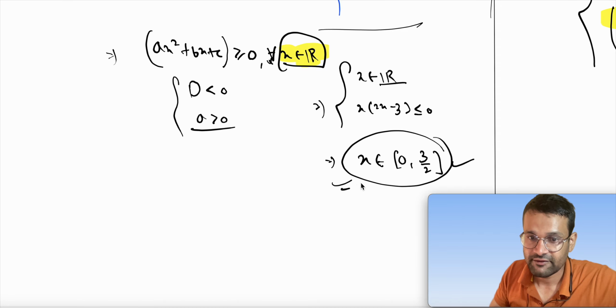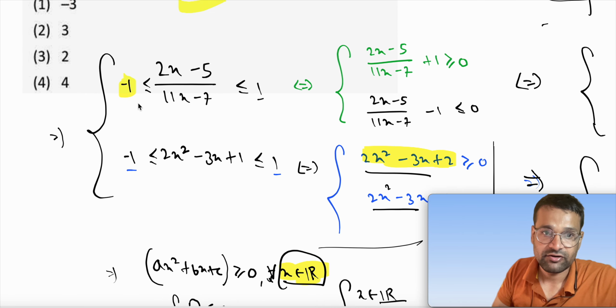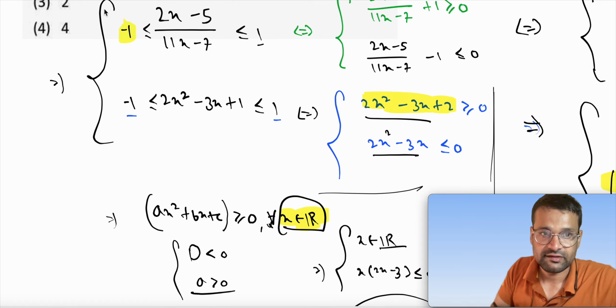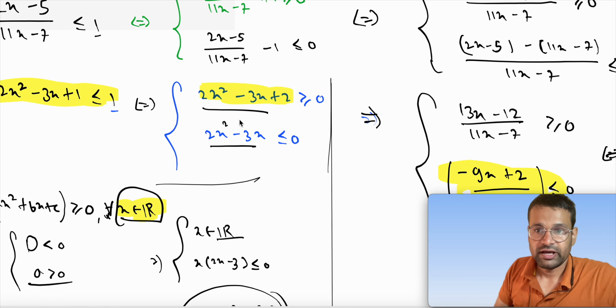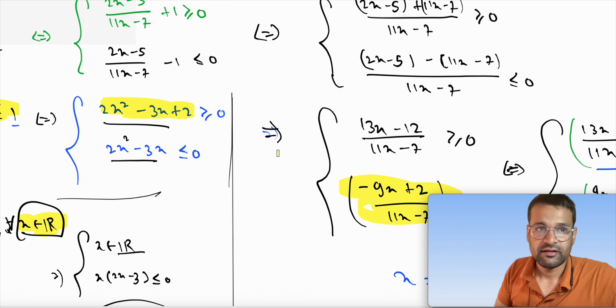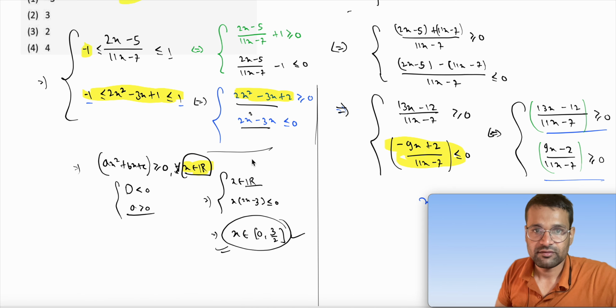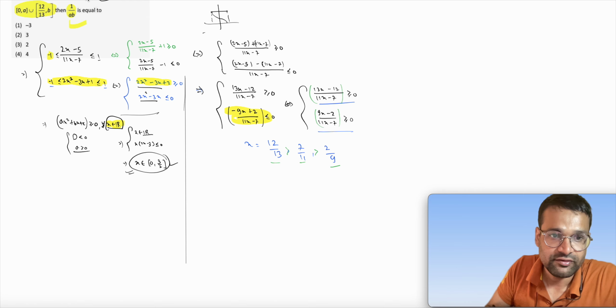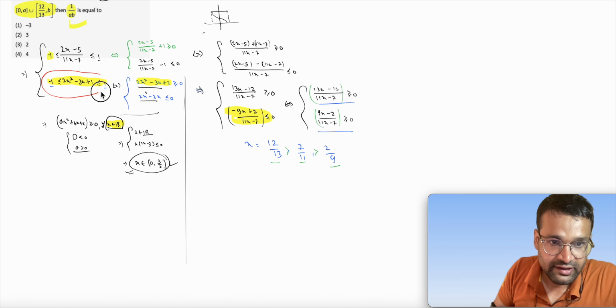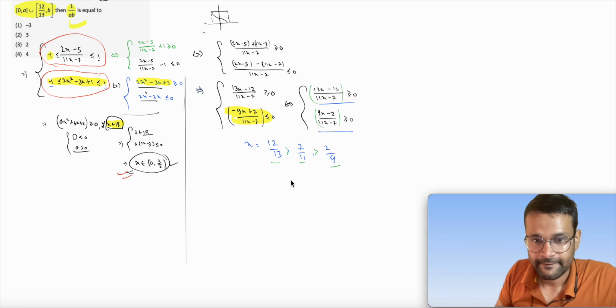So this is our final value from this part of the inequalities. The answer of this one is 0 to 3 by 2. Let me zoom out, then you will understand the whole solution. Now we find the answer of the other part and take the final intersection.